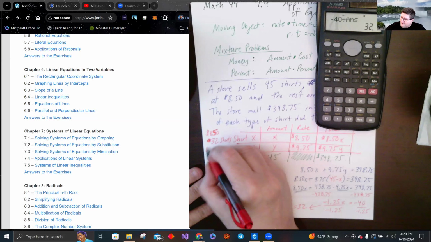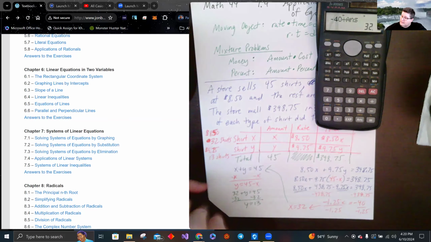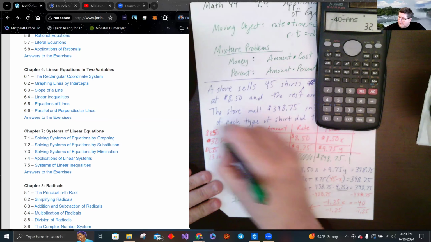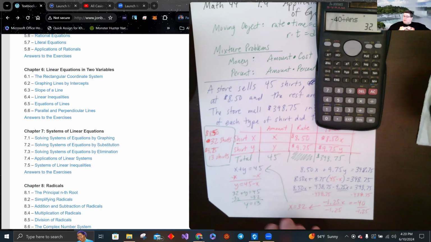At $9.75, they only sold 13 shirts. And you can check that by sticking those in and checking them in each equation.